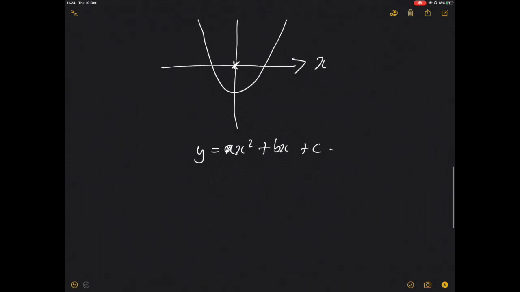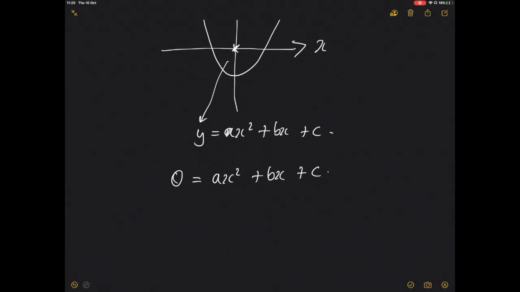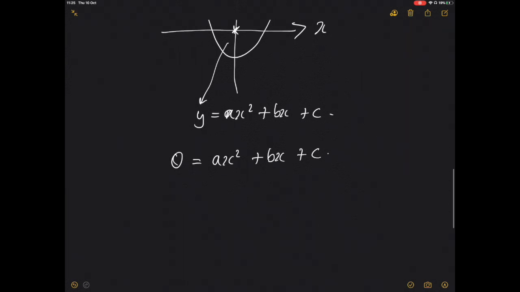So what we've said is 0, because we've substituted 0 in for y here, equals ax squared plus bx plus c. So we've actually factorized last week. What we've done is found the answer to our solution when we found our two x's.